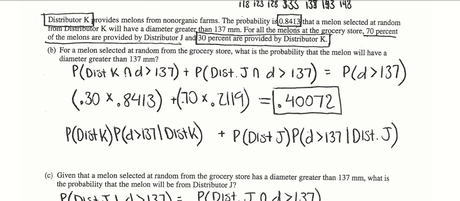So part B takes the probability question and flips it on its head. So now it's talking about this new distributor, and it's going to provide melons from non-organic farms. Okay, so the probability that it comes from this distributor K and having a diameter bigger than 137.